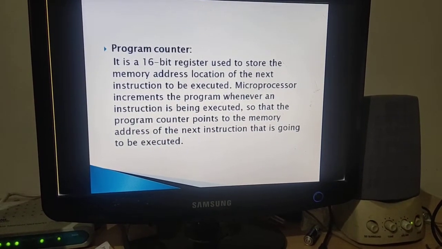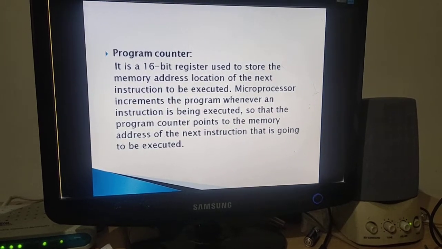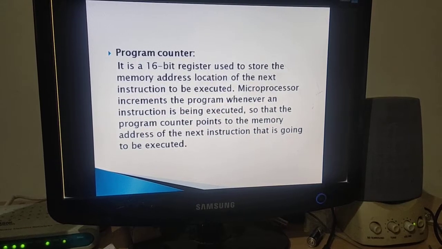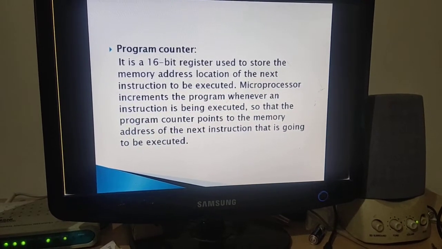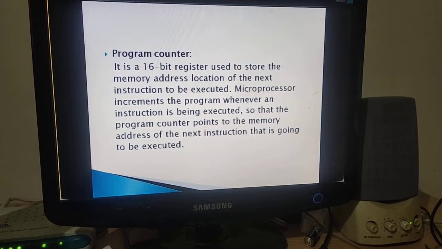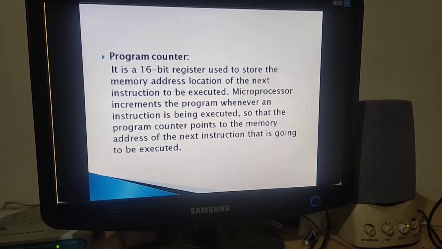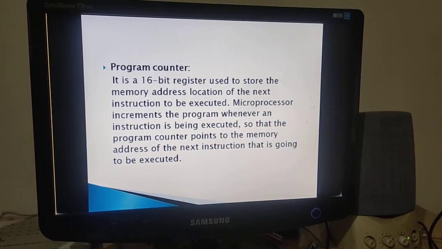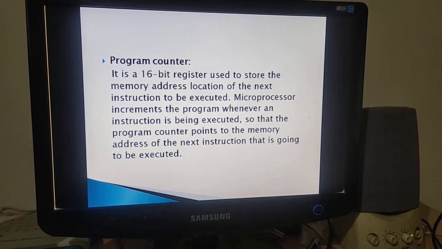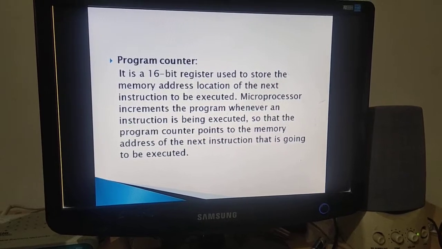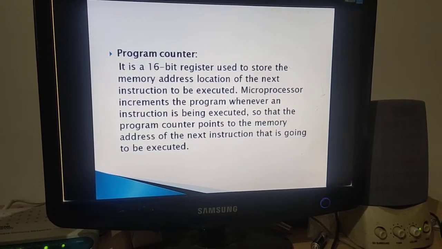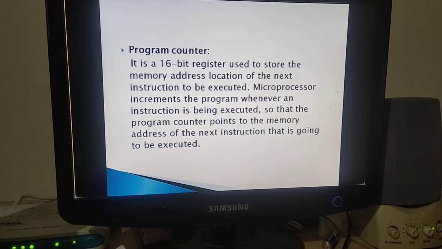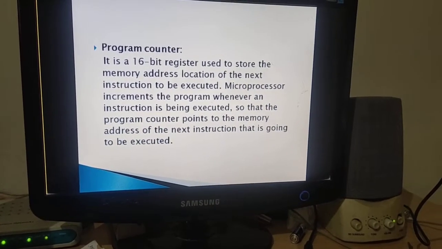Suppose you have an operation that performs addition of 2 numbers, and there is an instruction by the name ADD. At present, ADD is being executed, so the program counter will point to the next instruction that follows ADD. Once it is done, the counter will point to the next instruction.